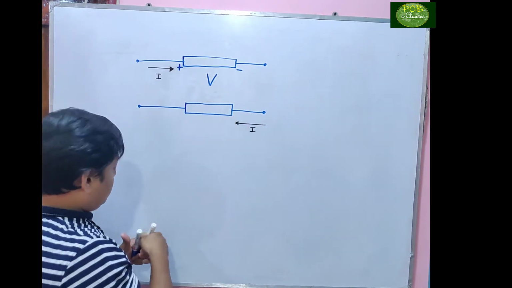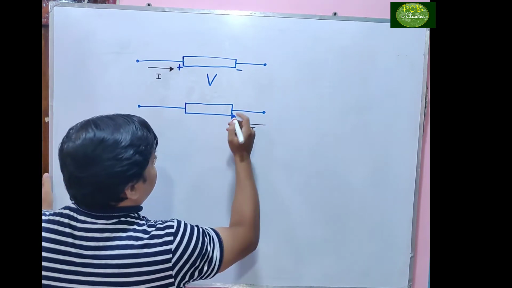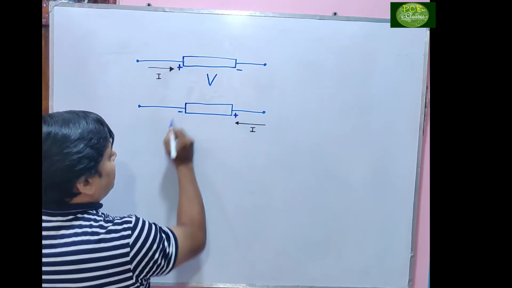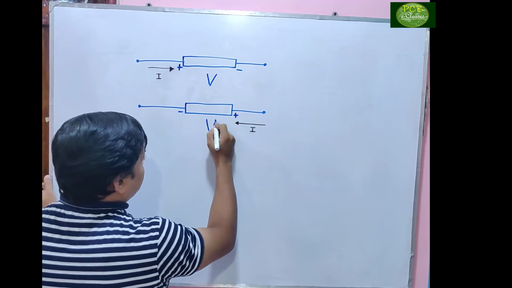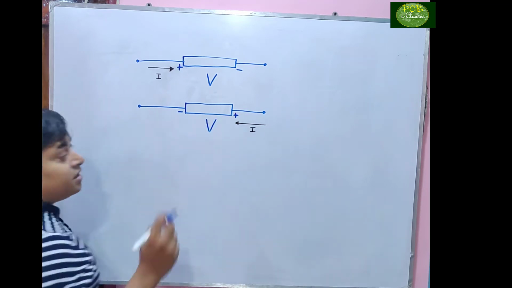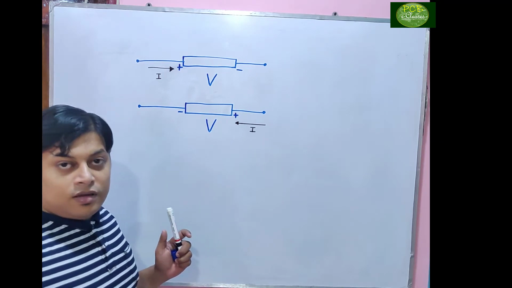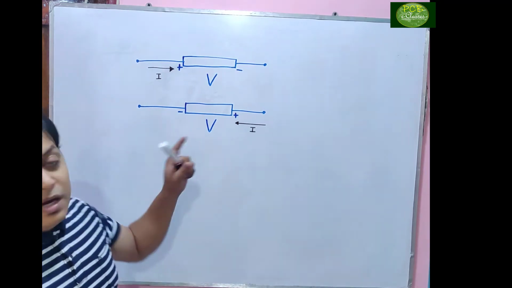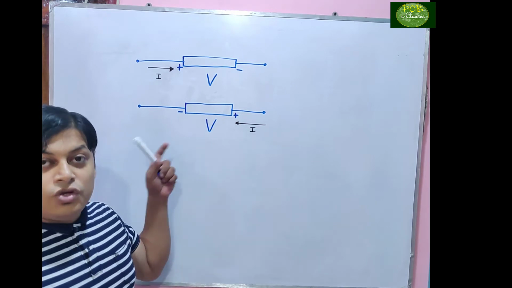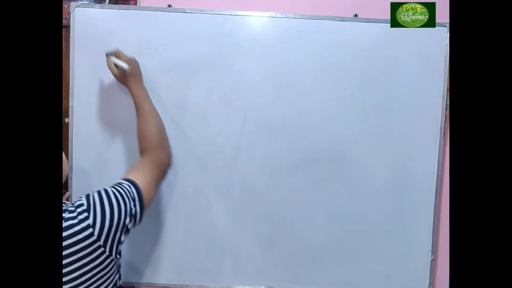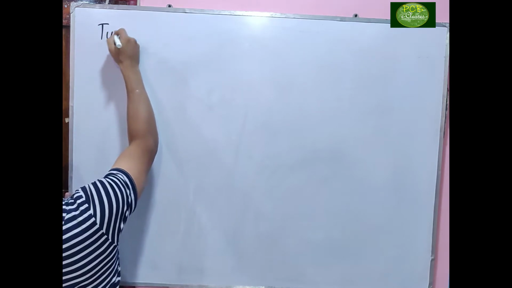No. So, we will be taking that this one is positive and this will be negative. This is the voltage across the element. Clear? So, this will be our presentation throughout the subject. Now, let us see the type of elements.